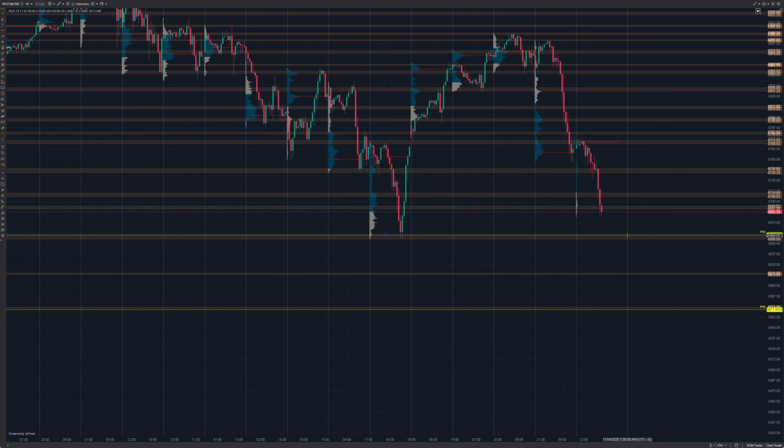That is great, so we can remove that one. Just delete. So that is already marked. This one here at the bottom, that one is marked already as well. And as we learned in the daily review, we need to respect the naked POCs massively more than before.